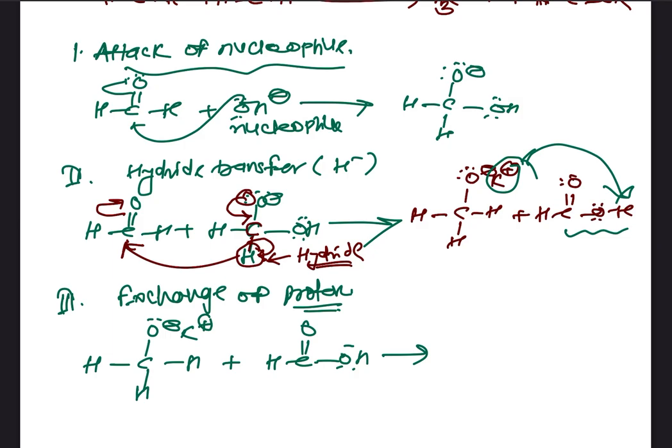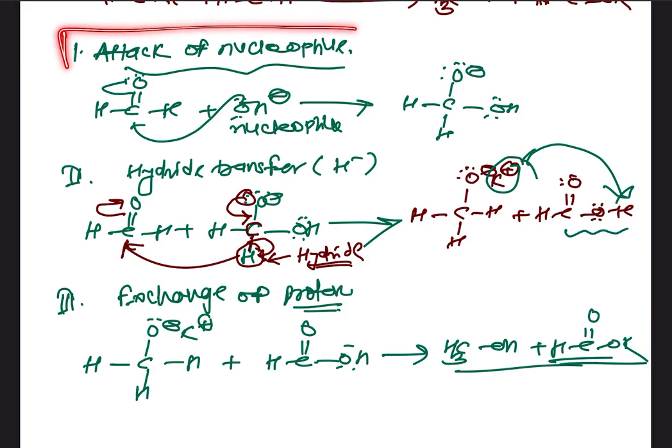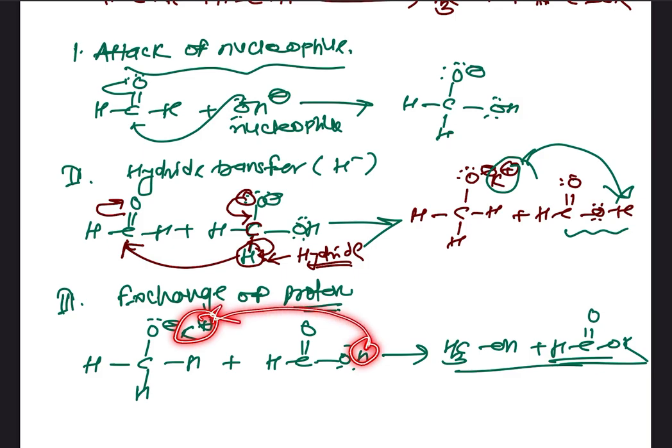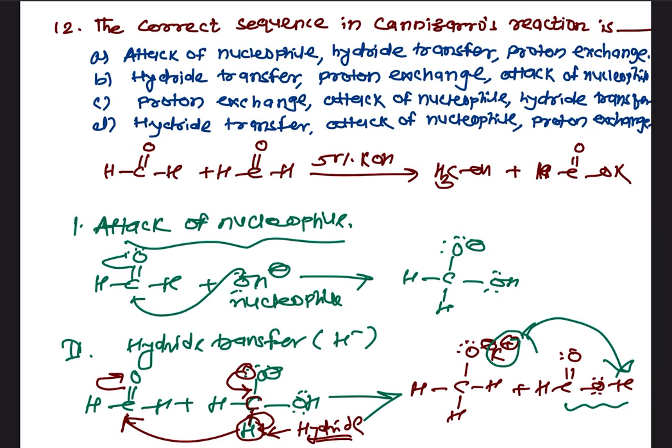So it gives methyl alcohol and potassium salt of formic acid. So the correct sequence is attack of nucleophile, here the nucleophile is OH minus. In the second step, hydride transfer, here formation of hydride, then attack of this hydride and exchange of proton like this. So the answer is attack of nucleophile, hydride transfer and exchange of proton. This is the first option.